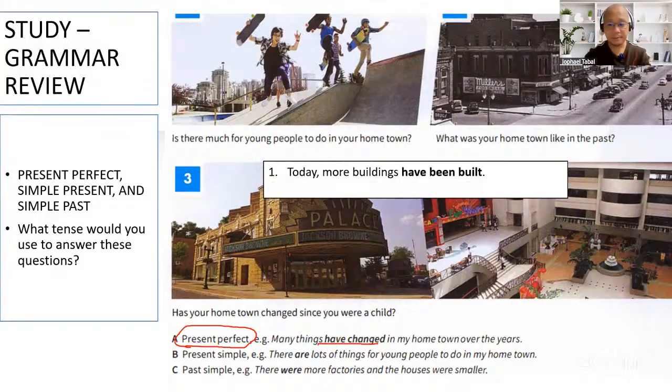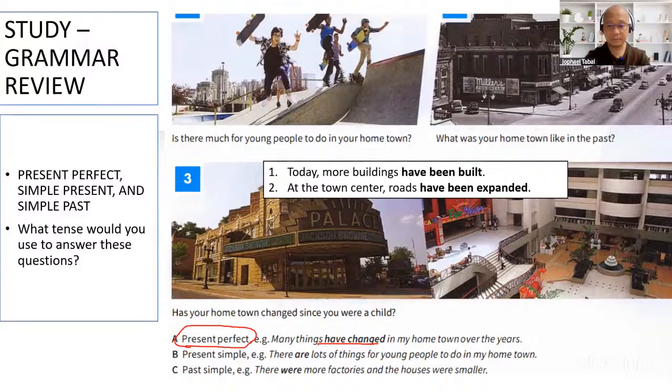Or for example, at the town center, roads have been expanded. So this is, again, has, have. For present perfect, the grammar formula there is has, have plus past participle. So have been expanded.